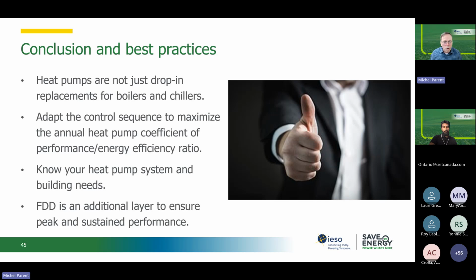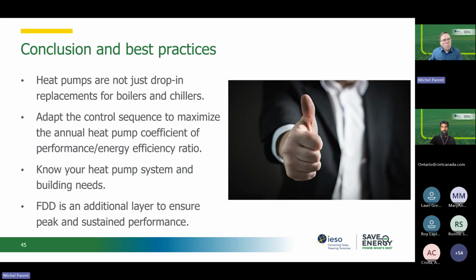When you have a boiler, you can actually get away with using rules of thumb because boilers usually have excess capacity. They are not limited in temperatures. You cannot afford to do that with a heat pump. If you want to get the most out of your heat pump, you need to optimize your overall control sequences, then program your heat pump control sequence with that in mind, knowing their limitations, knowing what this building needs, and obviously the rates.